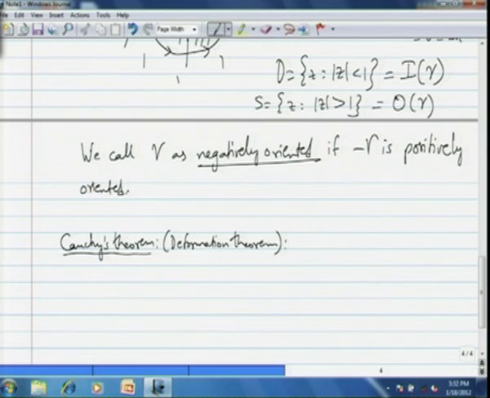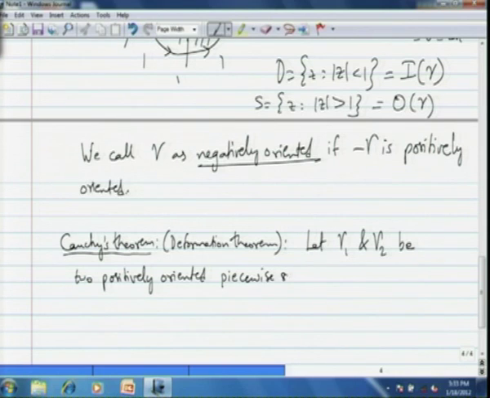So, let gamma 1 and gamma 2 be two positively oriented simple closed curves. I need this to be positively oriented. And I will also add piecewise smooth, since we are dealing with piecewise smooth curves only. Piecewise smooth simple closed curves.